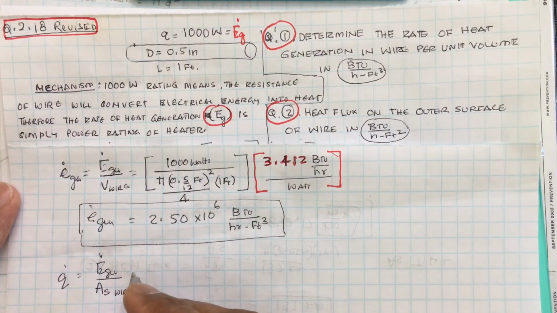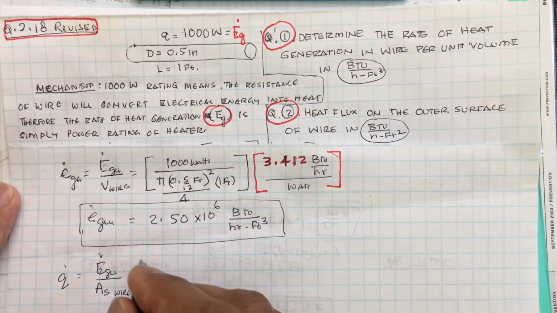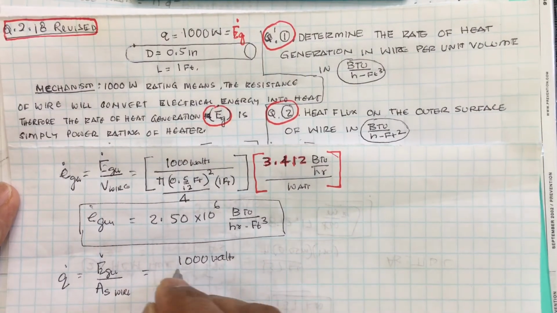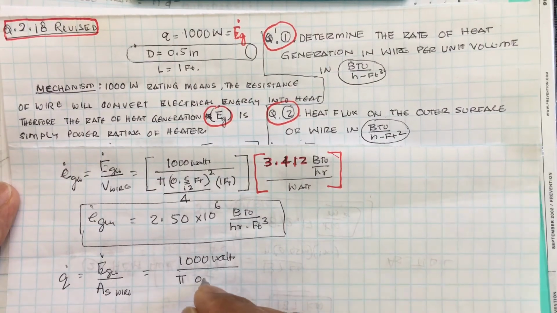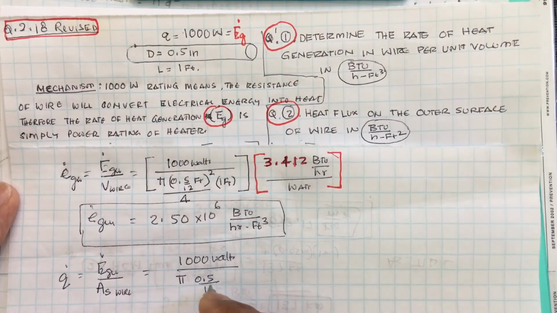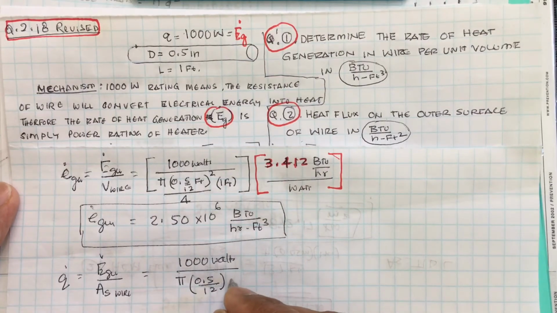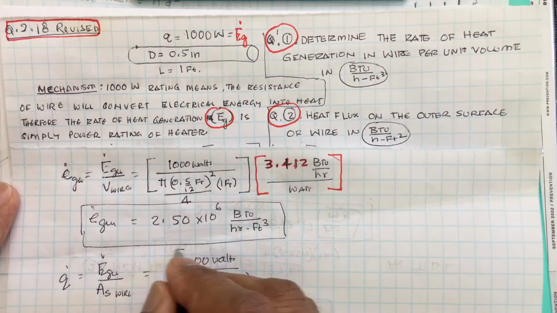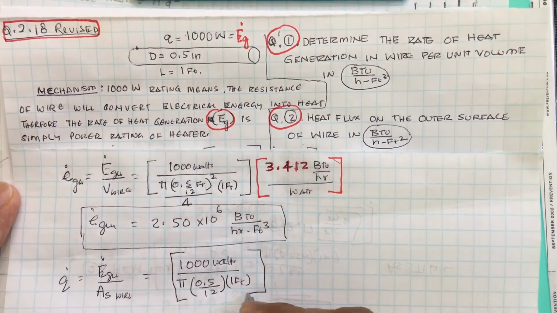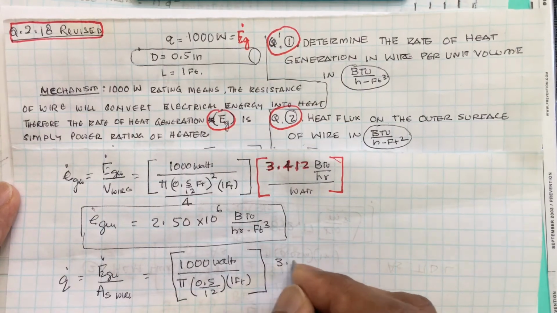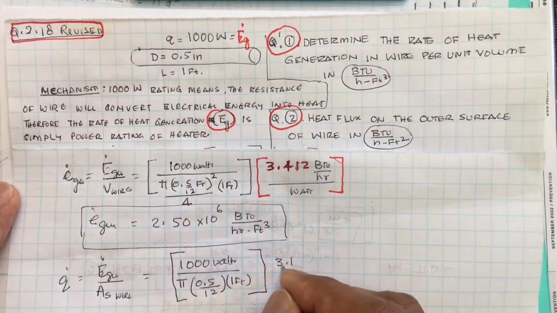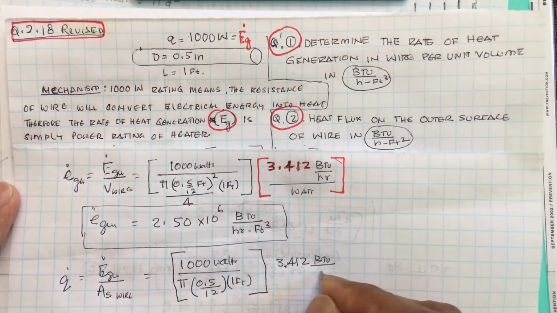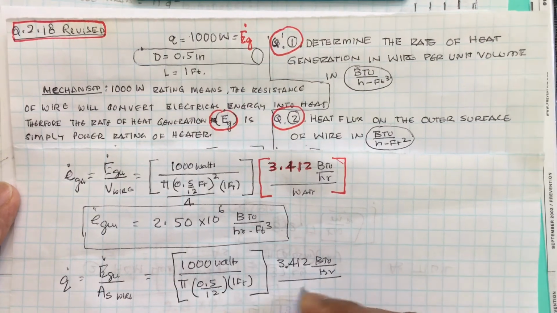Area of the surface of the wire is pi d L. So let's plug those values. 1,000 watts, pi, convert into feet again, and the length is already in feet, pi d L, and these watts have to be converted into BTU, 3.412 BTU per hour per watt.